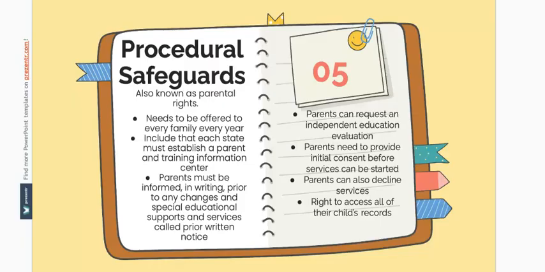Parents can also request an independent educational evaluation. Parents need to provide initial consent before services can be started, and they also have the right to decline services for their child. Of course, they have access to all of their child's records.